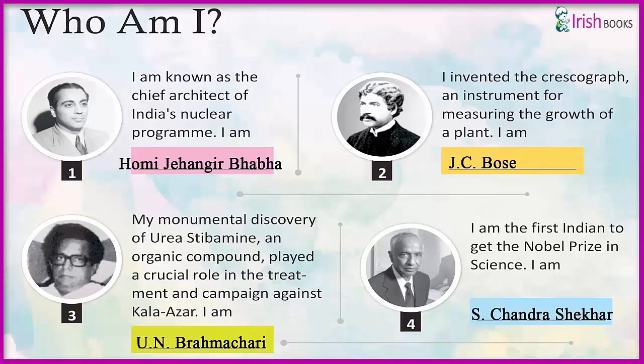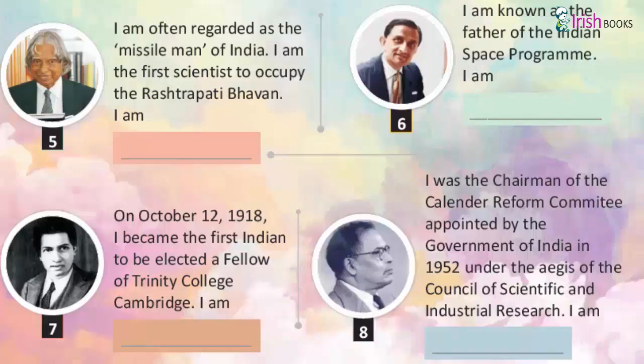I am the first Indian to get the Nobel Prize in Science. I am often regarded as the missile man of India. I am the first scientist to occupy the Rashtrapati Bhavan. I am known as the father of the Indian space program.